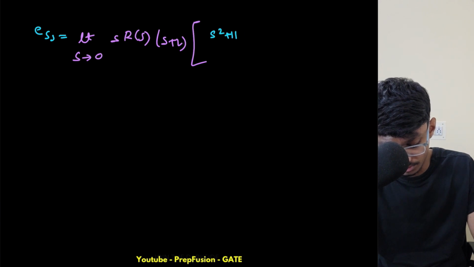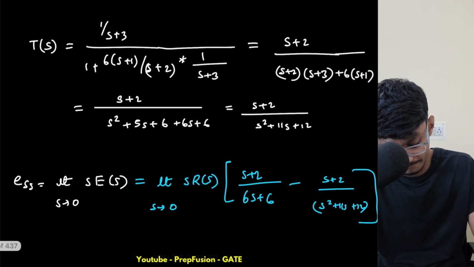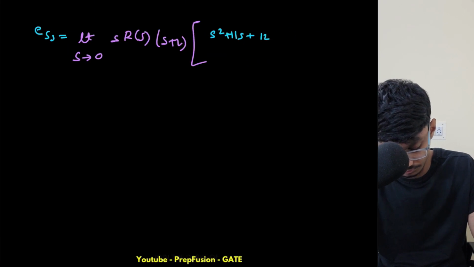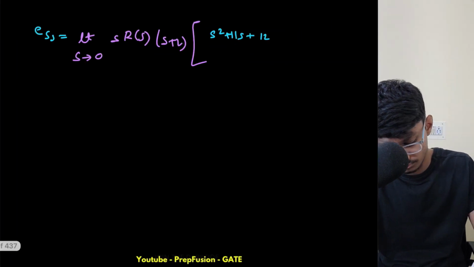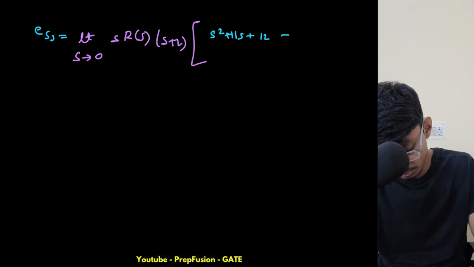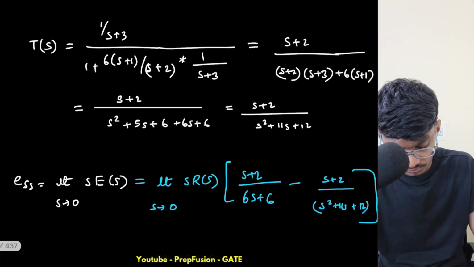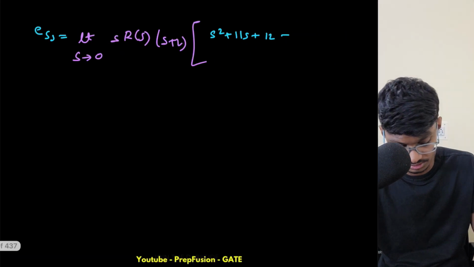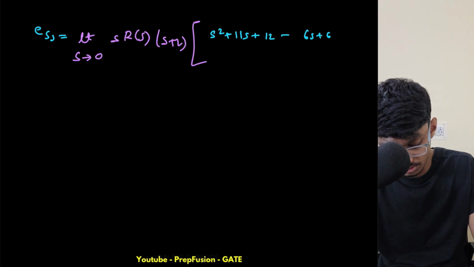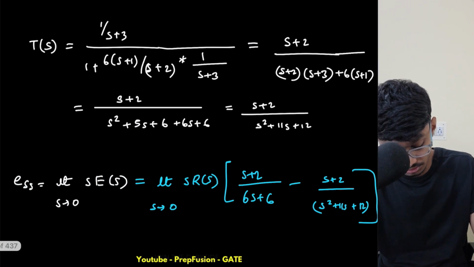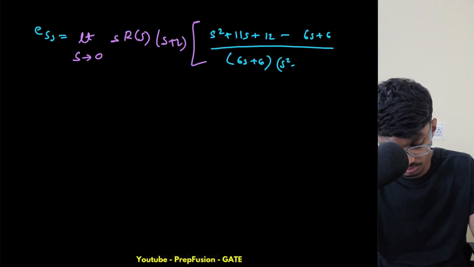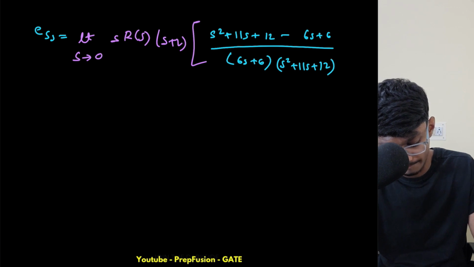This one will be s square plus 11s plus 12 minus 6s plus 6, and in multiplication 6s plus 6 into s square plus 11s plus 12.